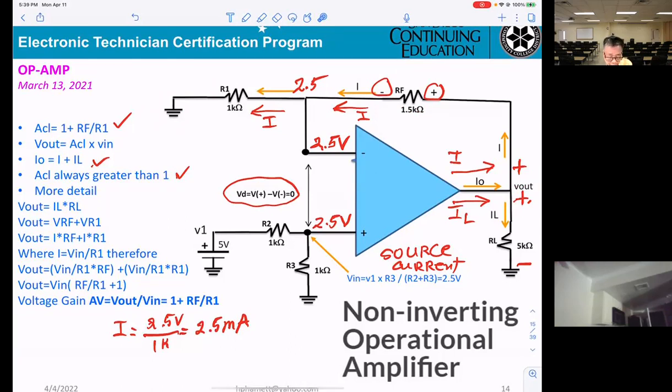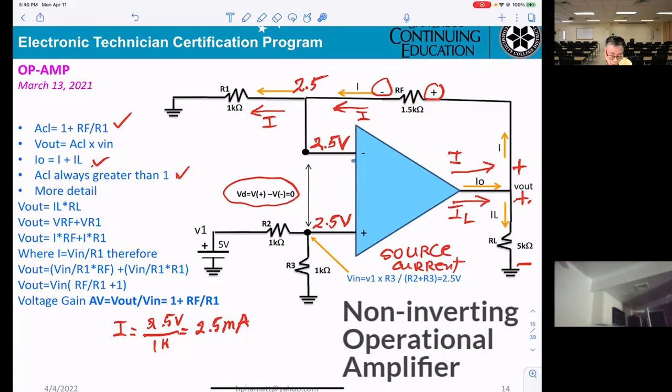Vout also equals VRF plus VR1. And the Vout equals I times RF, that means the voltage here, plus Vin divided by R1, that means the current times R1. Okay. And then you can get Vout equals Vin times RF divided by R1 plus 1.